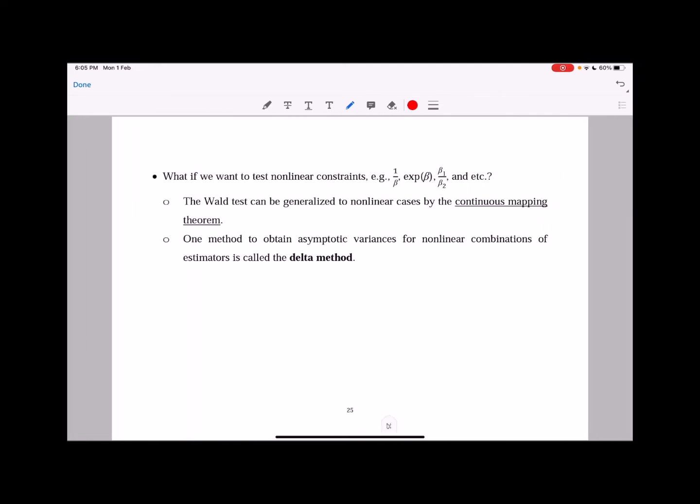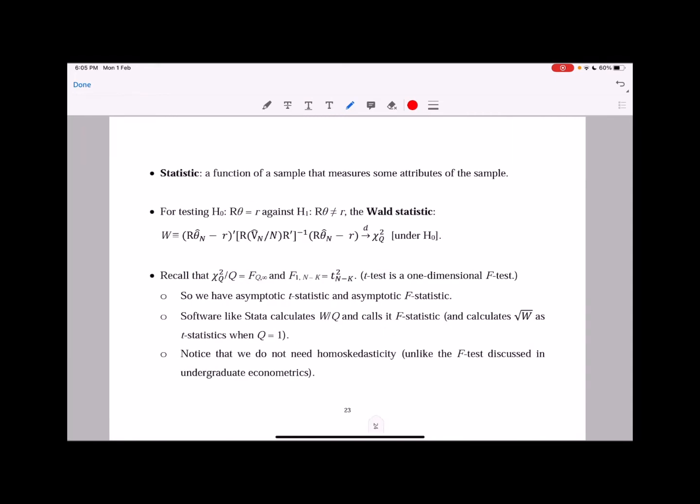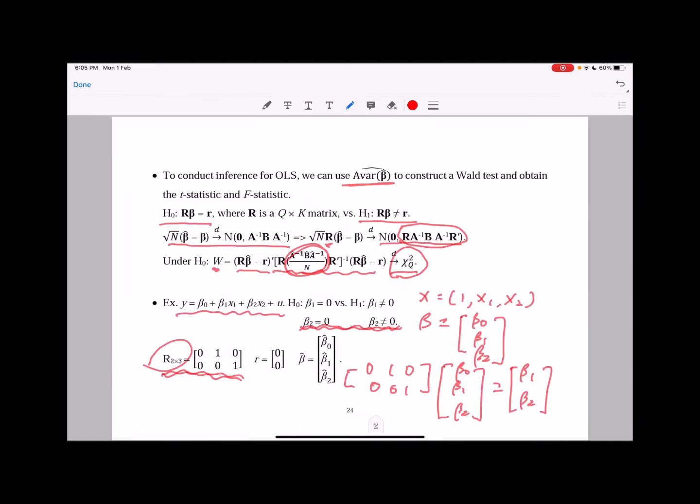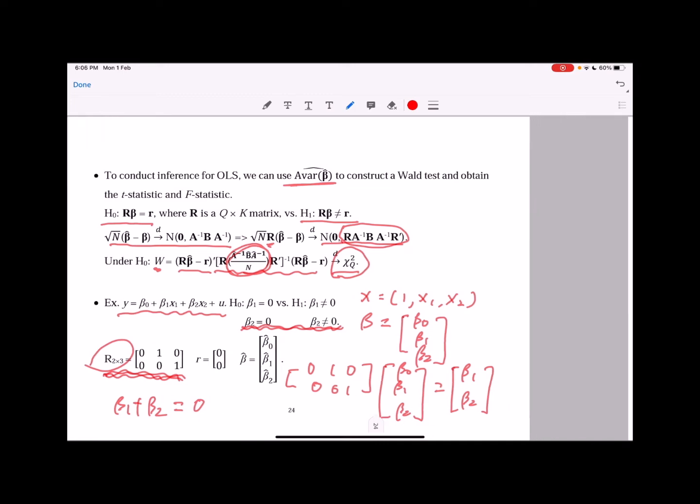Now remember, here the R matrix is linear, so we can only test linear restrictions. We can test whether beta 1 plus beta 2 is 0, or beta 2 plus beta 3 is 0.